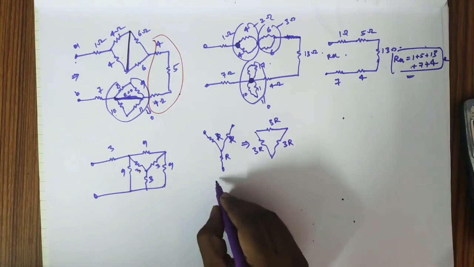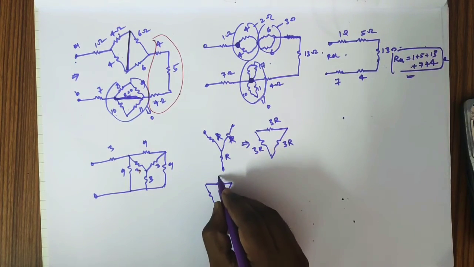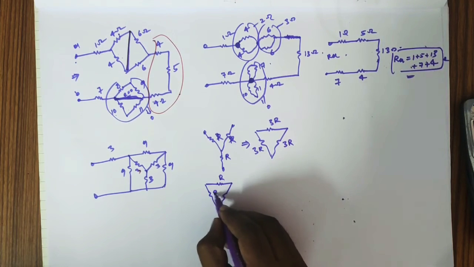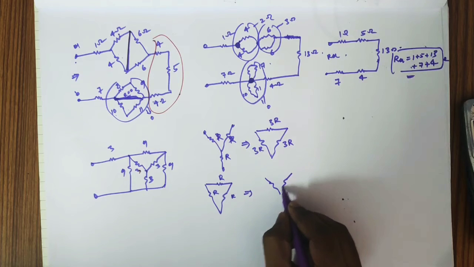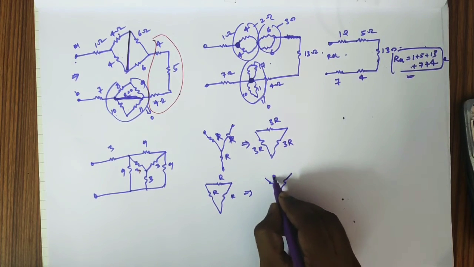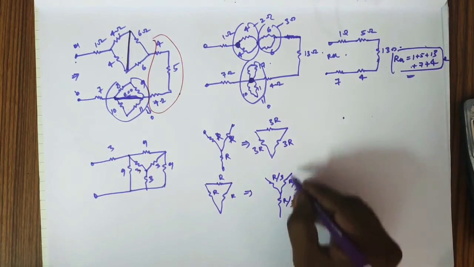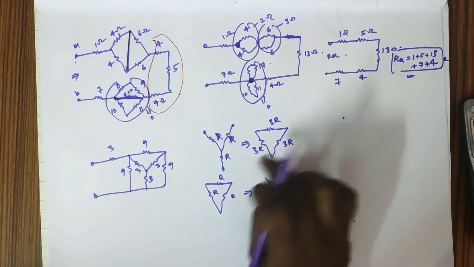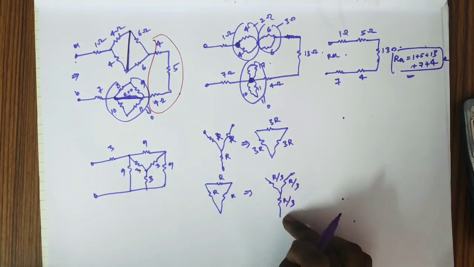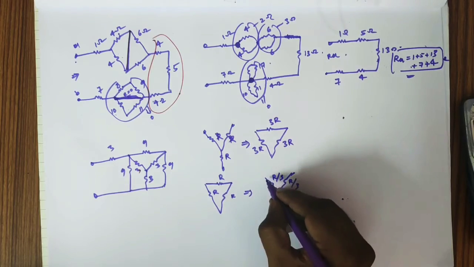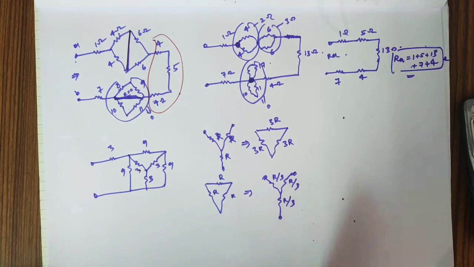So whenever you convert from delta to star, let us say this is R value, R value, R value, and we are converting it to star, the value of star elements is R by 3, R by 3, R by 3. So star to delta means the resistance of each individual element will be increased. Delta to star means the resistance of each individual element will be divided by 3. This is the fundamental thing you need to understand.